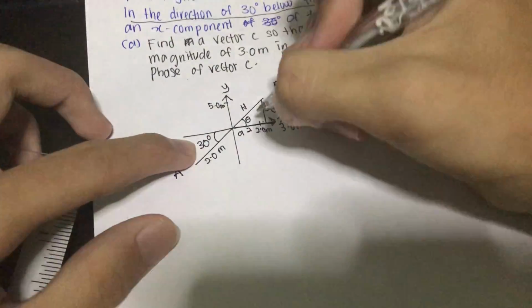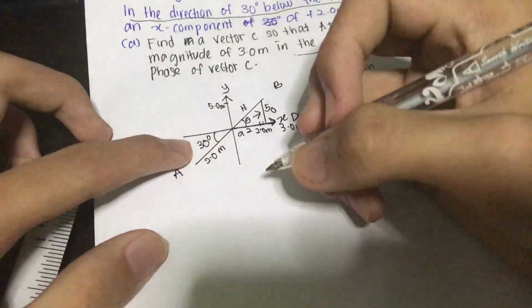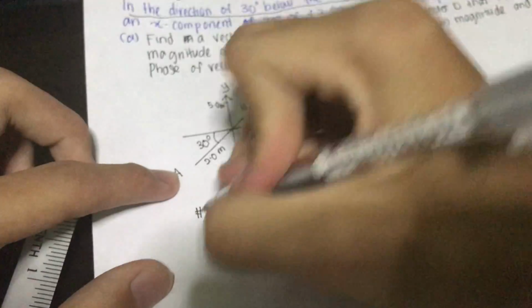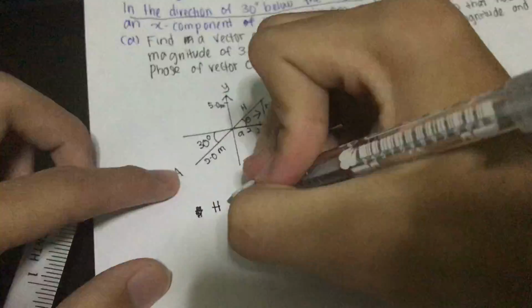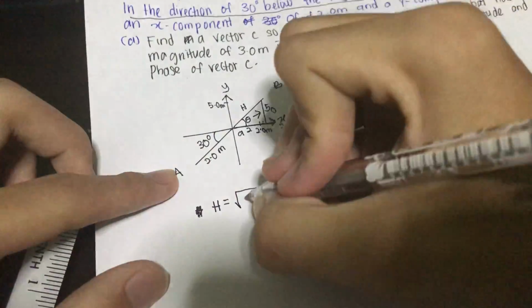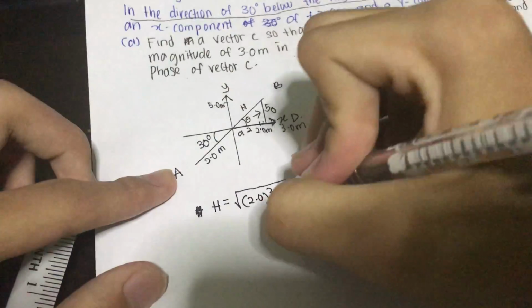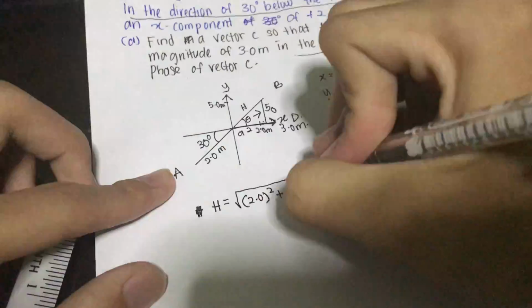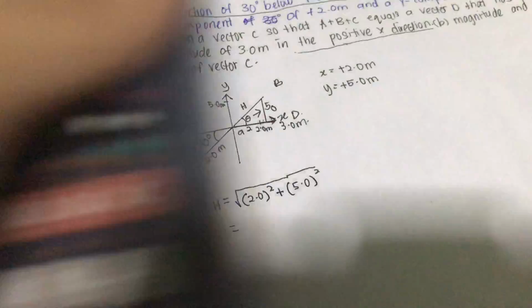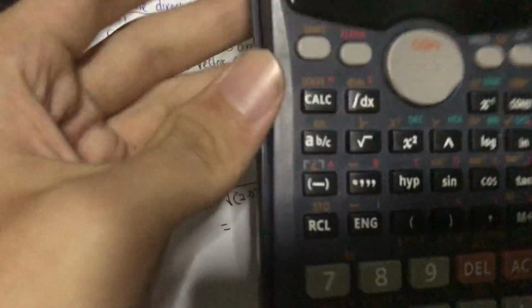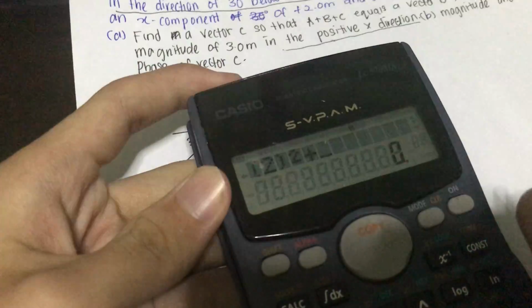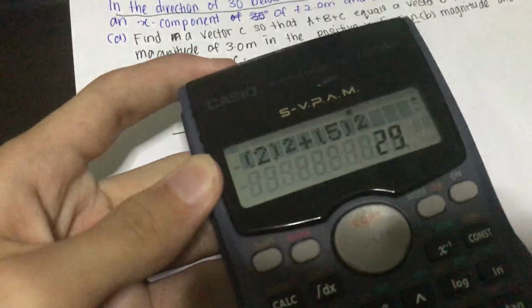So we use the hypotenuse h equals the square root of x squared plus y squared, which is 2.0 squared plus 5.0 squared, and we get 29.